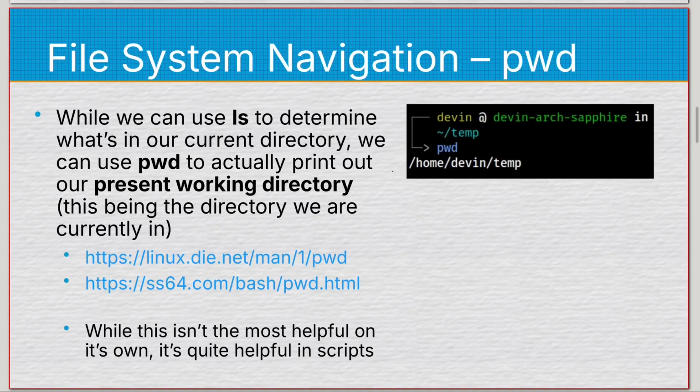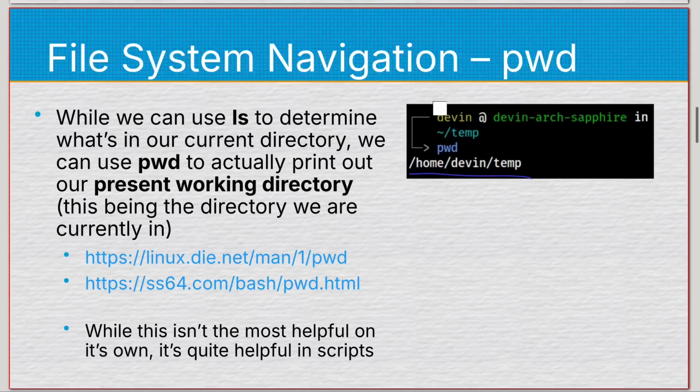They basically are just saying, hey, you are here. That's my path. I use that pretty frequently when I'm doing other scripts or whatnot. Maybe I just want to see the entire full path to where I am. If I need to use that as a string or something, it's nice to be able to see the actual full path to my current directory.